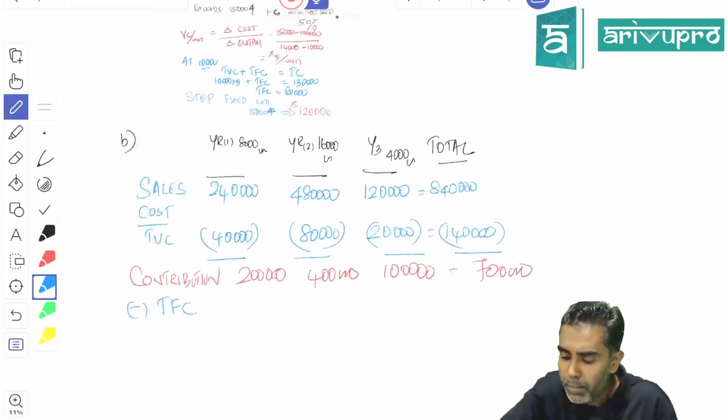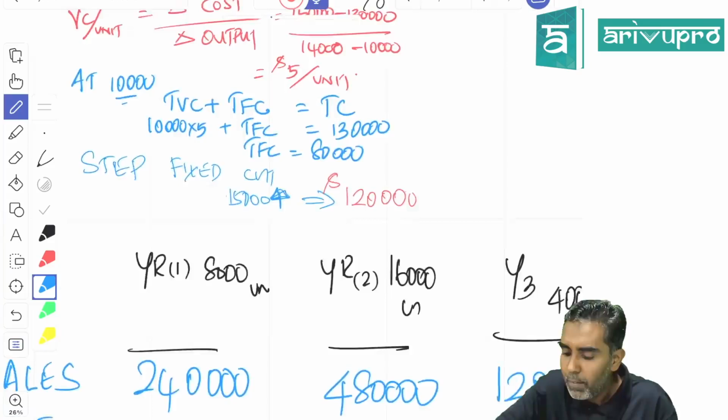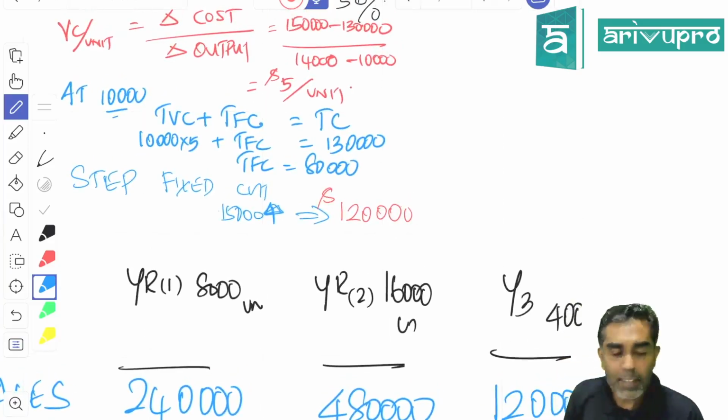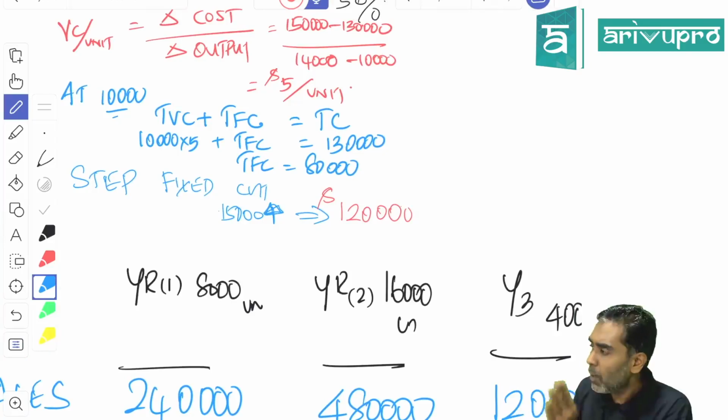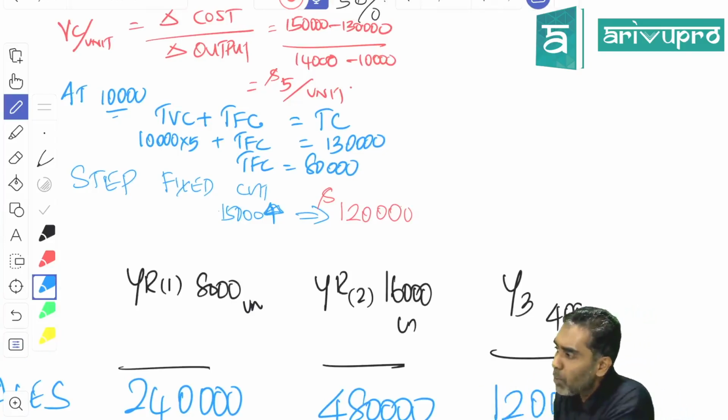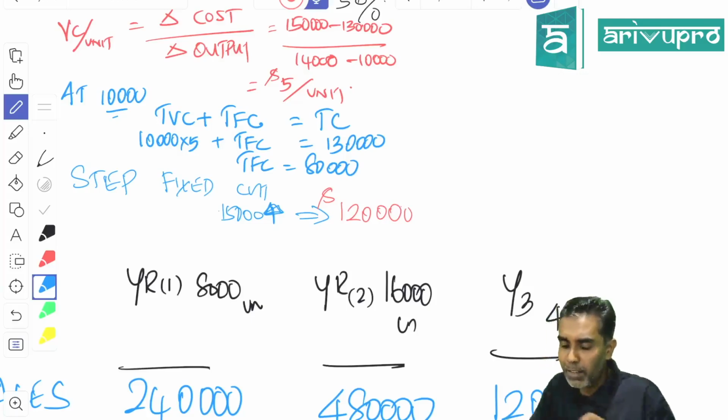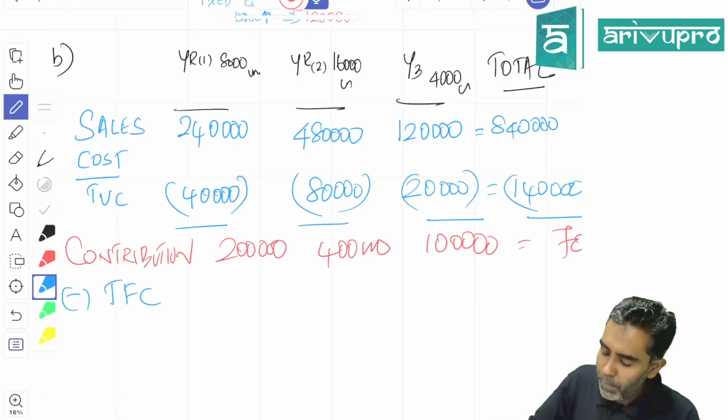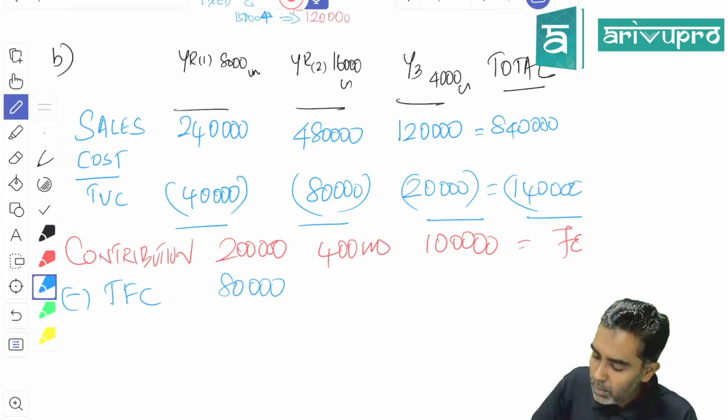We have found the fixed cost, you remember. It is $80,000. That $80,000 is applicable only for 4,000 units and 8,000 units. Agree with me? Now, fixed cost. This is 80,000. Here also 80,000. Right?